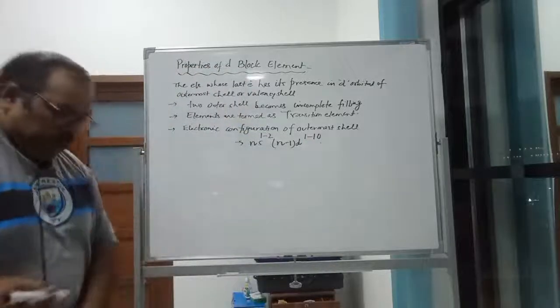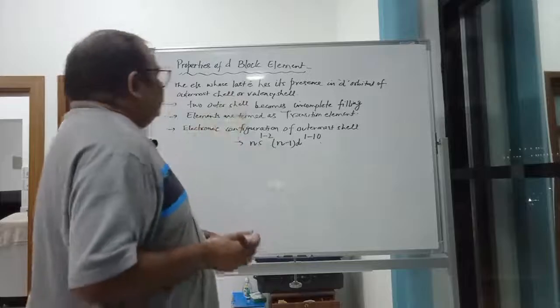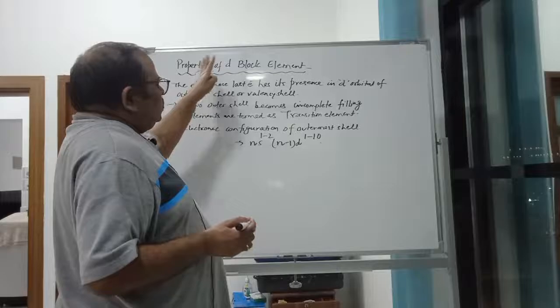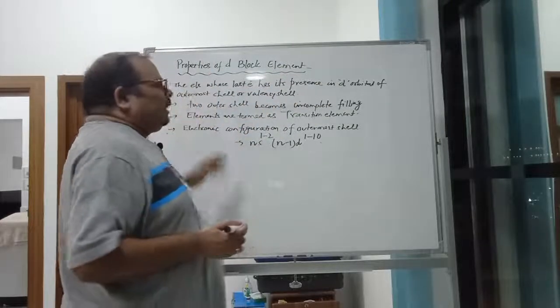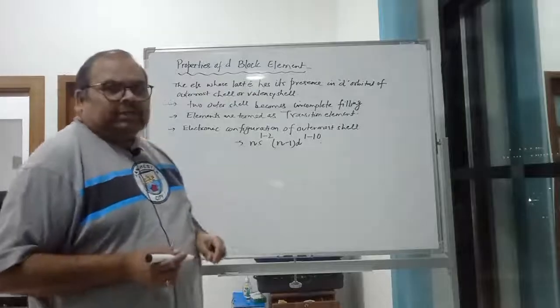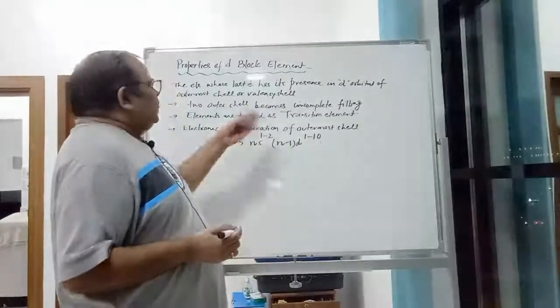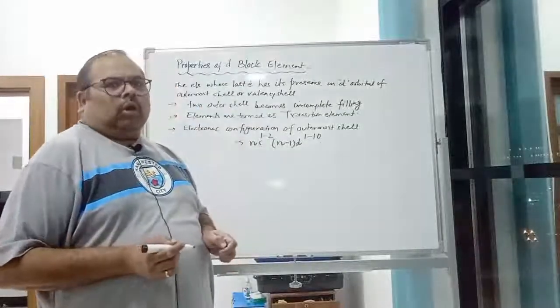So you see, these are the important points. All those elements whose last electron has its presence in the d orbital of the valency shell or outermost shell are said to belong to the D block, or will be D block elements.